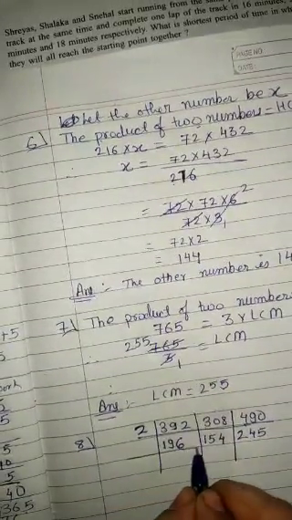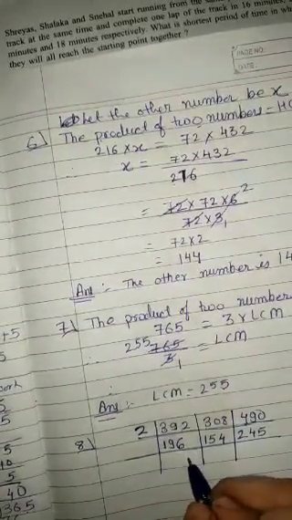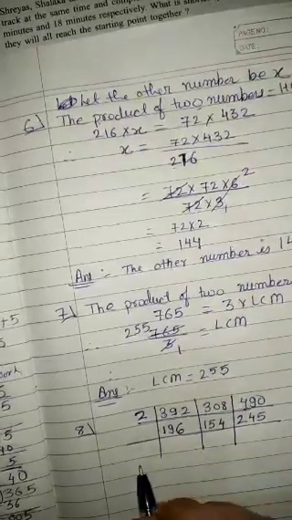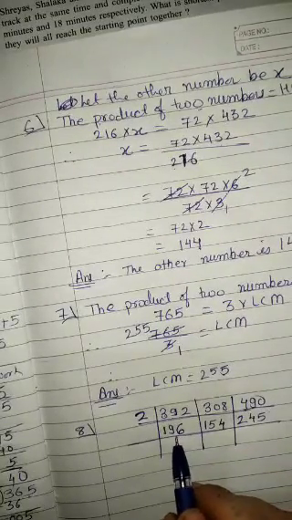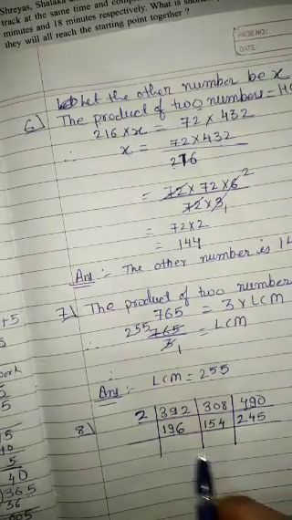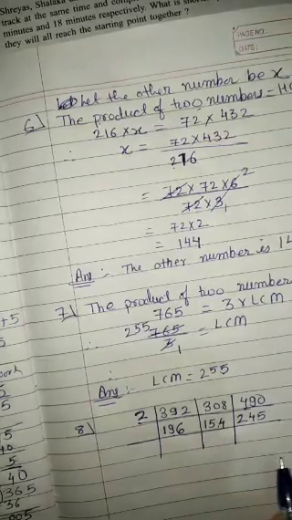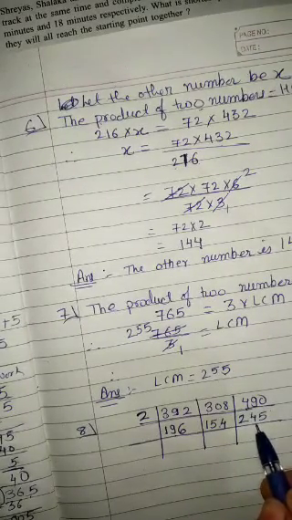Now see here the next one, by which number can all of these divide. This number can be divided by 2, this also can be divided by 2, but 245 can't be divided by 2.